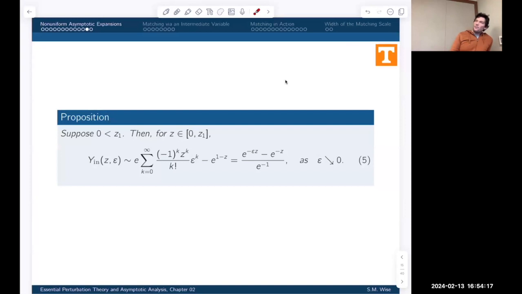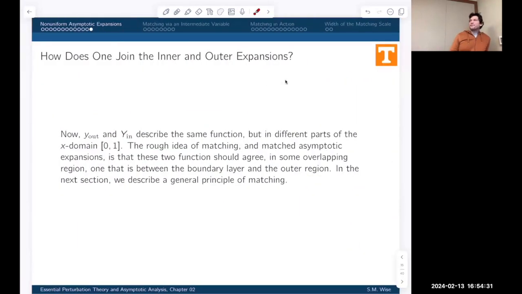So notice that we almost get the whole function just through the inner expansion. However, we miss that second transcendentally small part. Okay? So now we have two sides of a coin, right? But we don't necessarily know that it's the same coin. Actually, we kind of do, right? It's the same function. It had one universal expression to start with, but we did these asymptotic expansions based on considering different parts of the axis or of the interval 0 to 1.